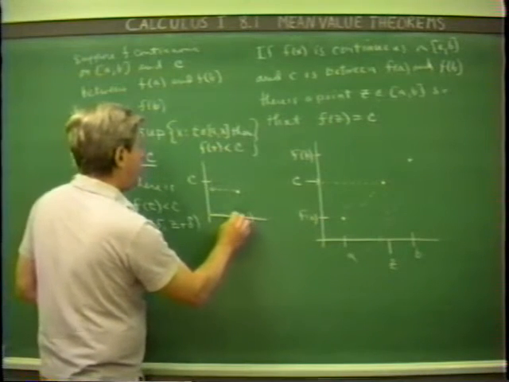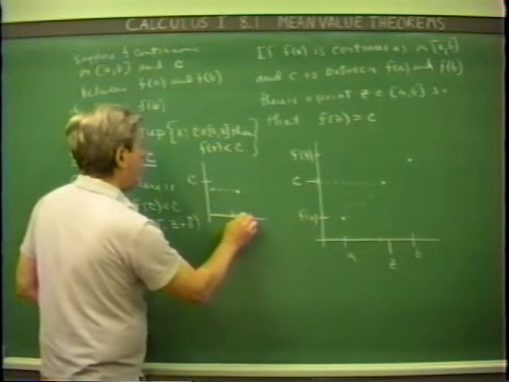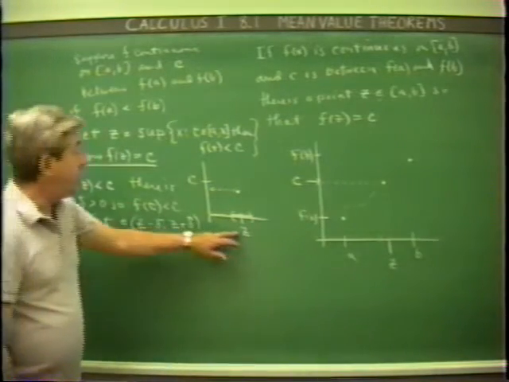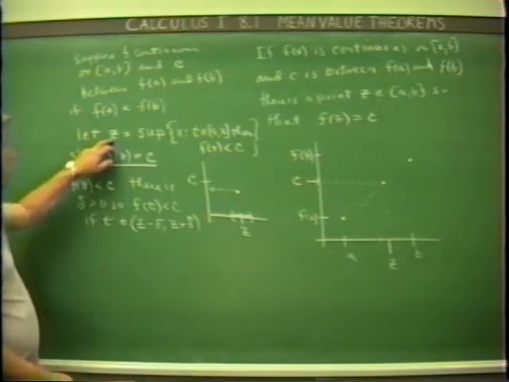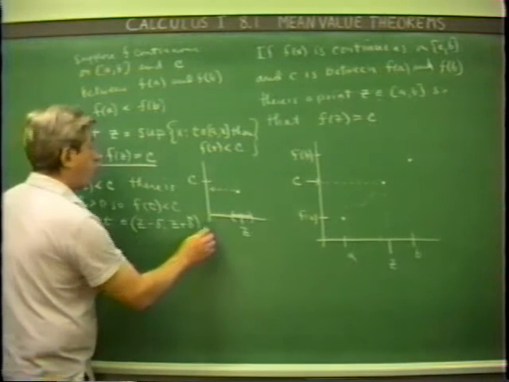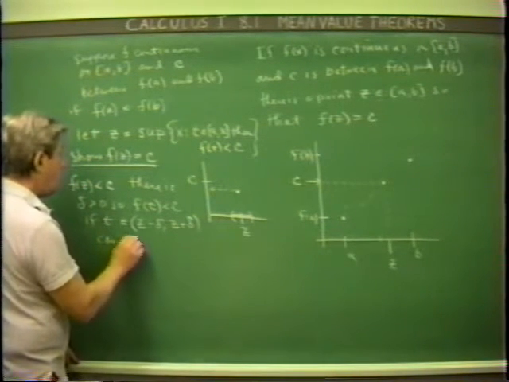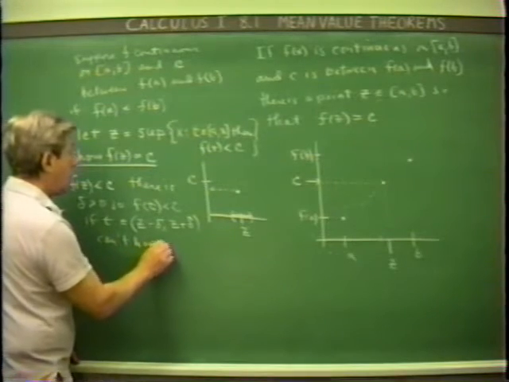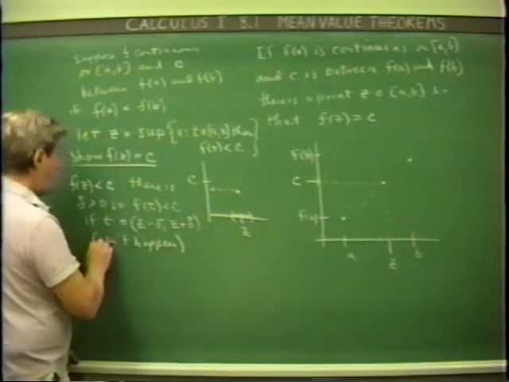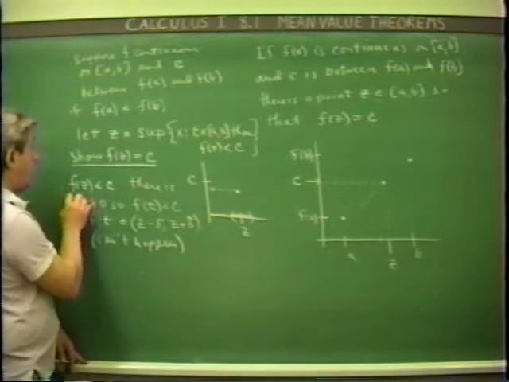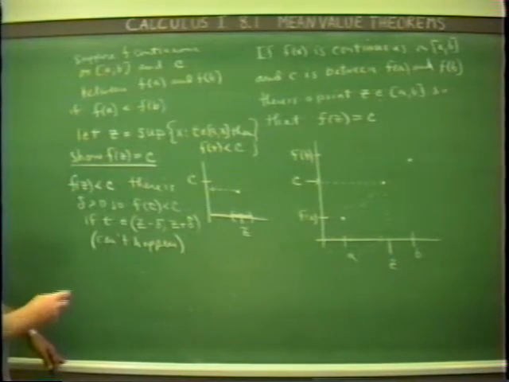So all of these values here on this entire interval would have to be less than C. And this would mean that z was not the supremum. So this can't happen. So it's not possible that f of z be less than C.